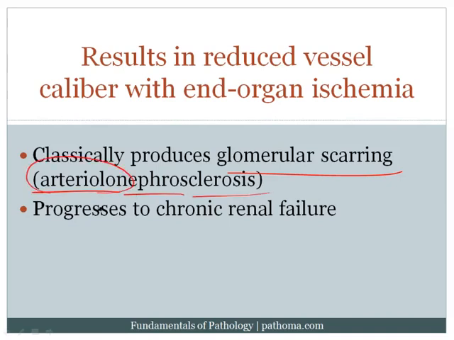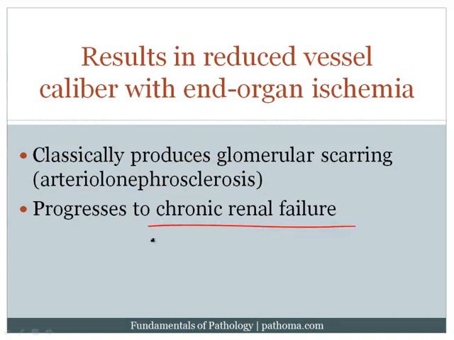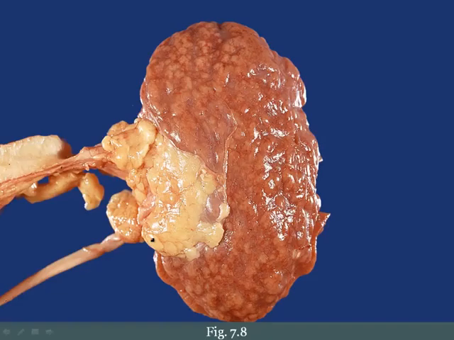Arteriolo, small arterioles. Nephro, kidney, sclerosis, you get sclerosis of both the glomeruli as well as those small blood vessels. And of course, this is how we get to chronic renal failure in patients with long-standing hypertension and in patients with diabetes.